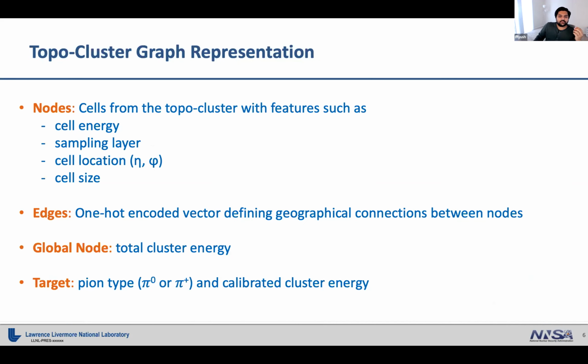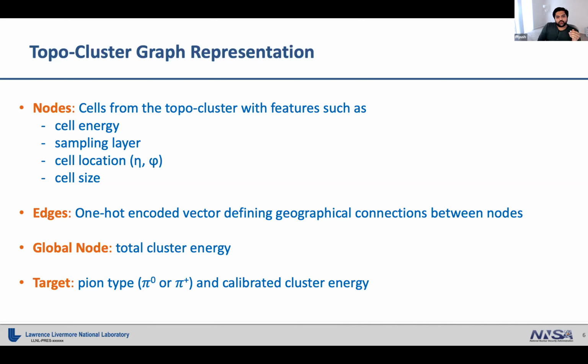So each cell is represented as a node, and the node features that it has is basically the energy deposited in the cell, which sampling layer the cell came from, which layer of the calorimeter did the cell come from, what is the location of the cell in eta and phi, and the third dimension, and then what is the size of the cell, again in eta and phi, how big the cell was in the eta and phi dimension. So these were the features of the cell that were input as the graph.